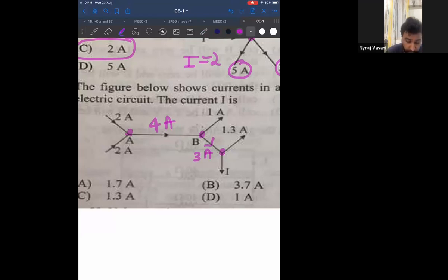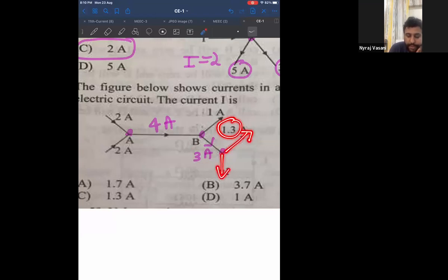Coming to the next node, which is here. The total current entering here is 3 ampere. Therefore, total current leaving also should be 3 ampere. Leaving is 3, but out of that 1.3 has already gone here.